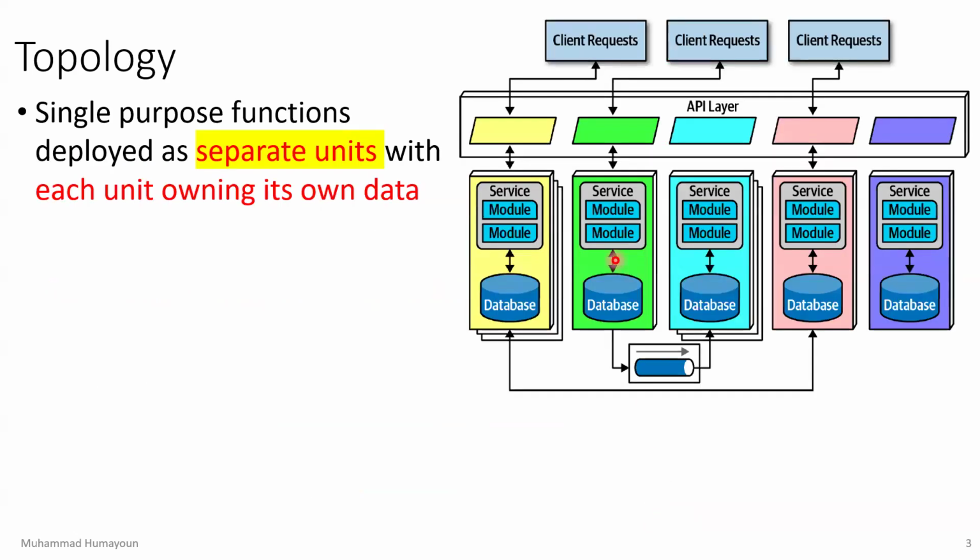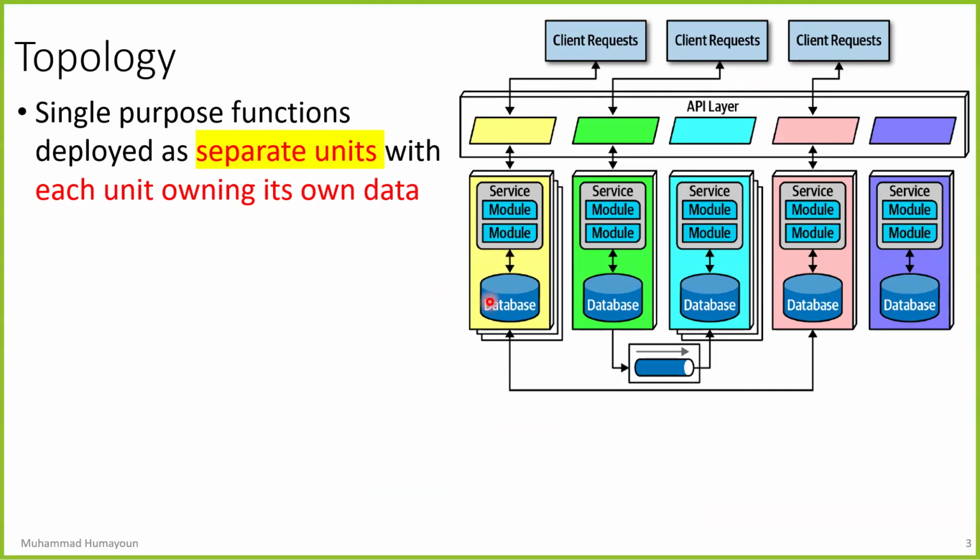So this is how the topology looks. Okay, as you can see in this topology, we have a service over here having its own database, then another service having its own database, and so on and so forth.